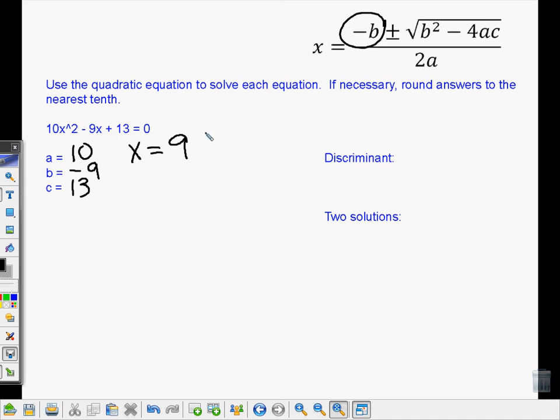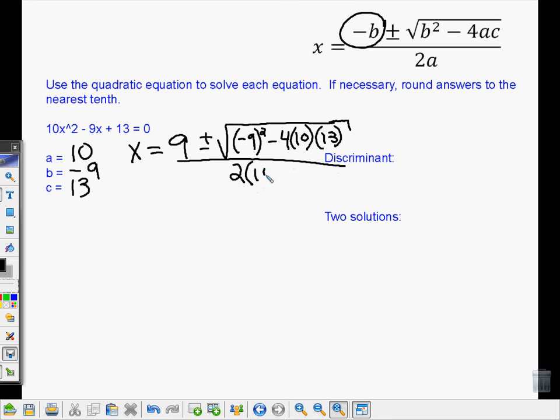So I have 9 plus or minus the square root of B squared, so negative 9 squared, minus 4 times A, which is 10, and C, which is 13. Divided by 2 times A, which is 10.